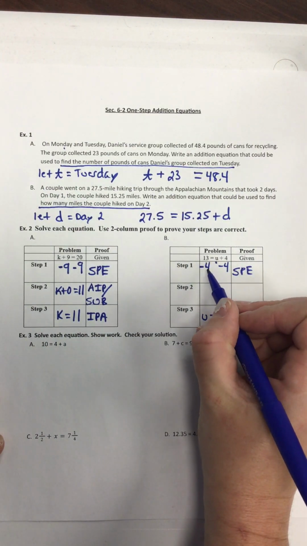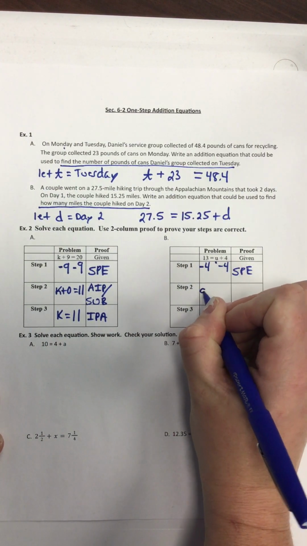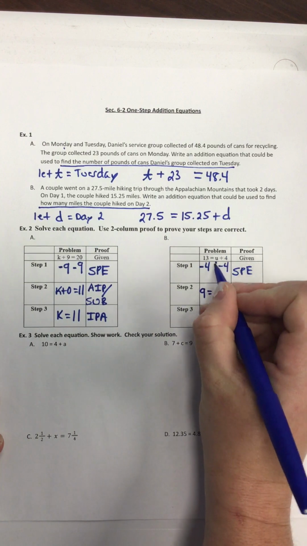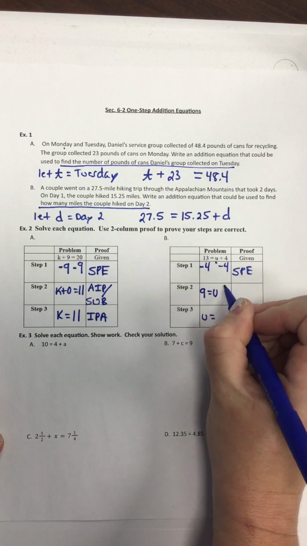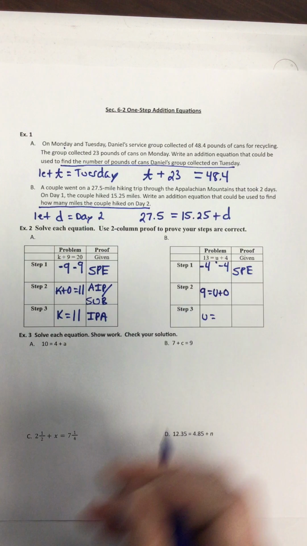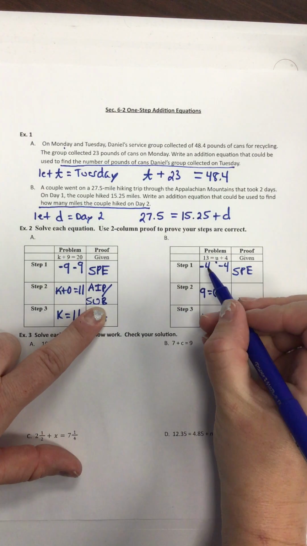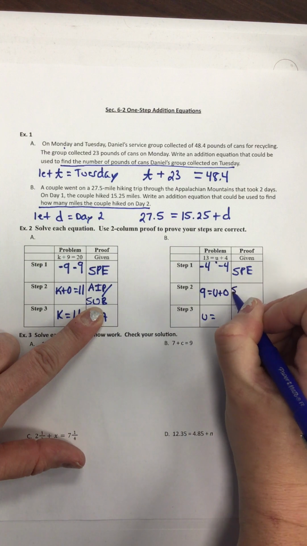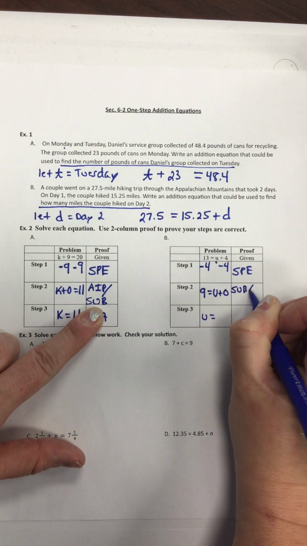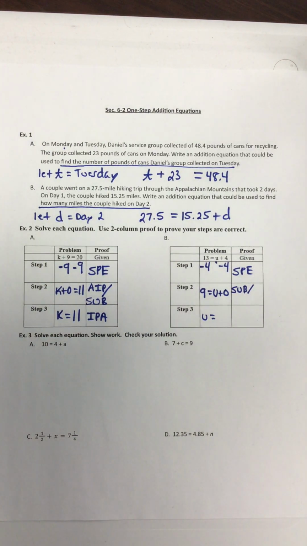Now, 13 minus 4, that's going to be 9. The u drops down, and 4 minus 4, that's going to be 0. So I'm still going to have a plus 0. Again, what properties did I use there? To do 13 minus 4, I would have just used substitution. Nothing fancy, I just substituted in the correct answer.